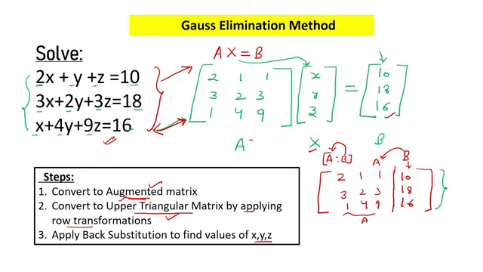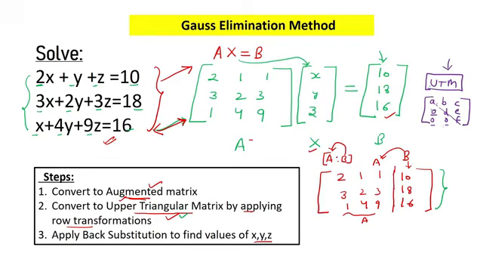Now in the second step, we have to convert this matrix into the upper triangular matrix. So what is an upper triangular matrix? An upper triangular matrix is a matrix in which all the elements below the diagonal are zeros. Here you can see this element is 0, this is 0, and this is 0. So this matrix is an upper triangular matrix.